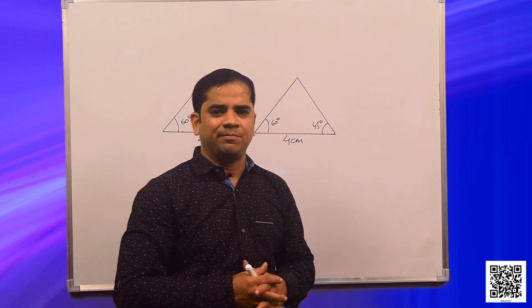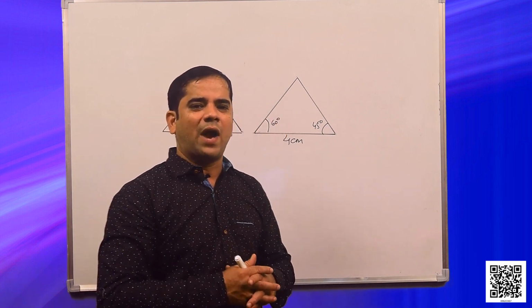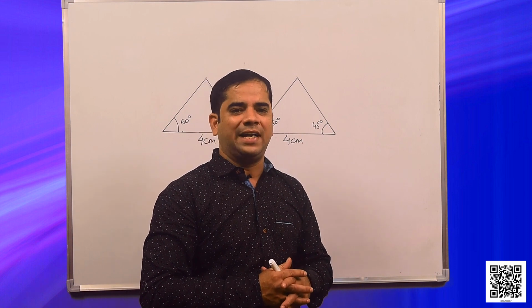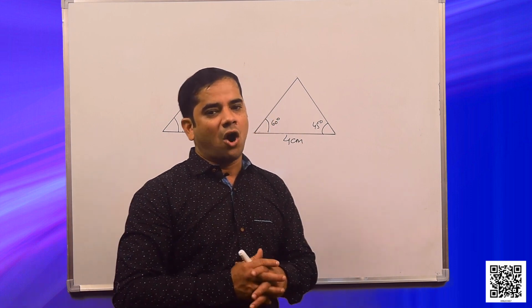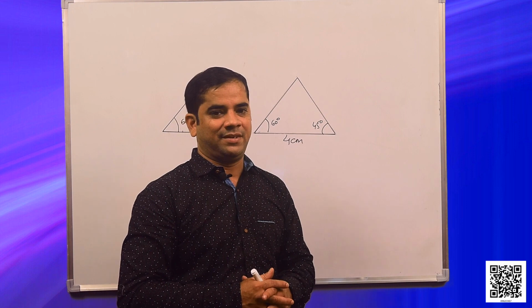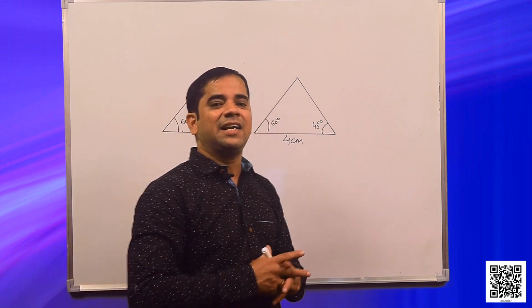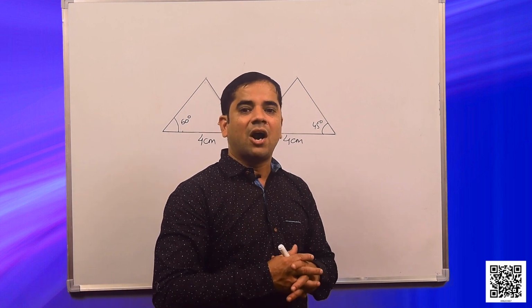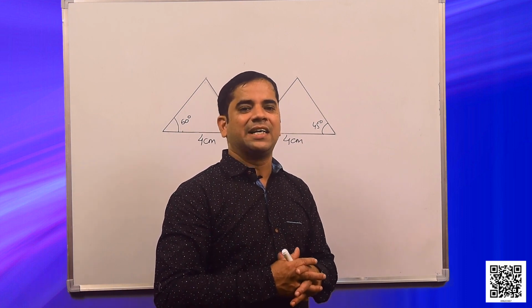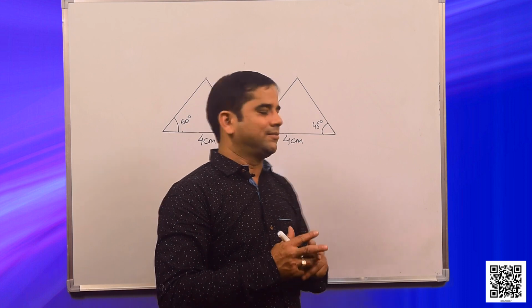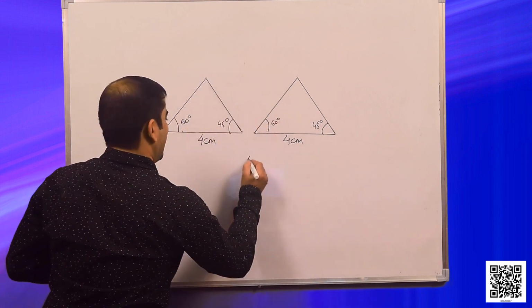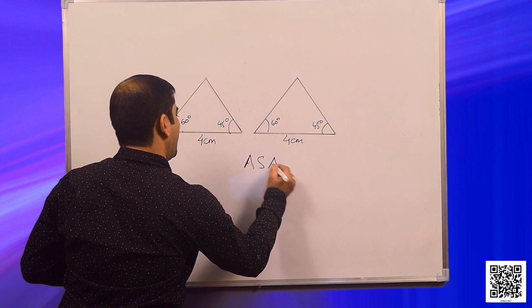You will observe that equality of two angles and the included side is sufficient for congruence of triangles. This result is the angle side angle criterion for congruence and is written as ASA criterion. That means ASA.